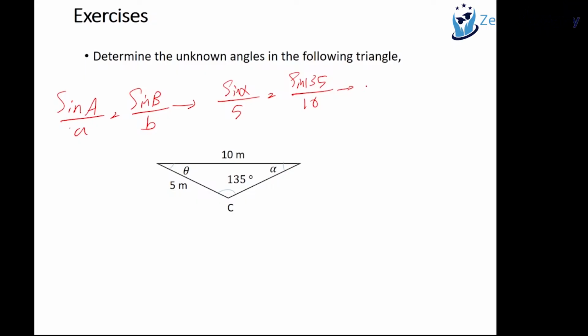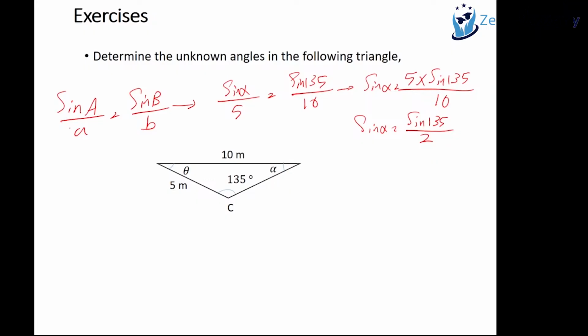So sine alpha would be 5 times sine 135 over 10, or sine alpha would be sine 135 over 2.